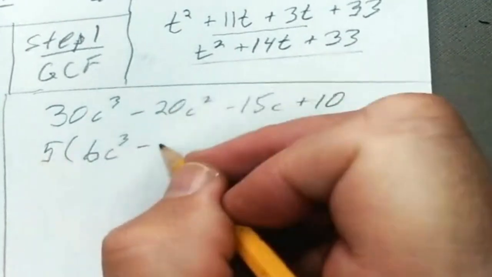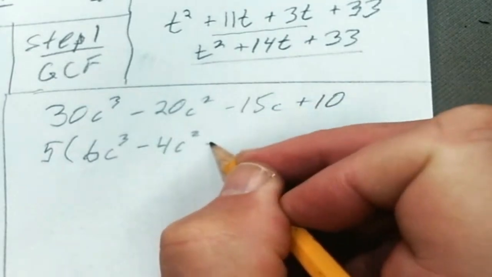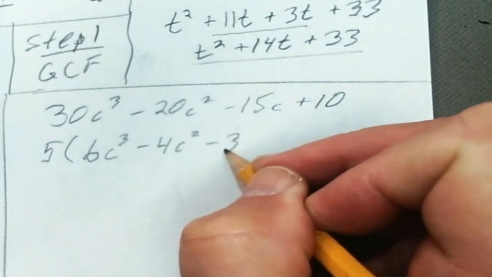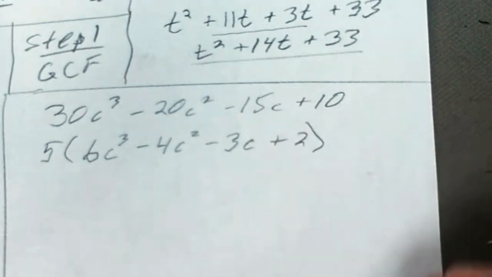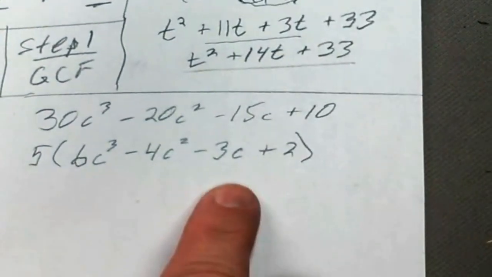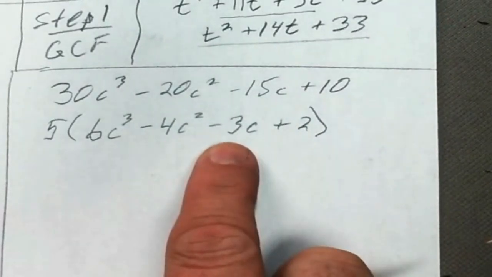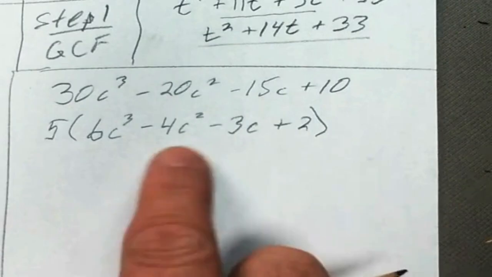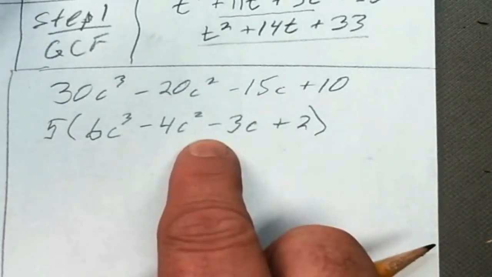Minus 20 divided by 5 is 4c squared. 15 divided by 5 is 3c, and 10 divided by 5 is 2. So now we've simplified it down to 6c to the third minus 4c squared minus 3c plus 2, all times 5. So let's factor this now by grouping.